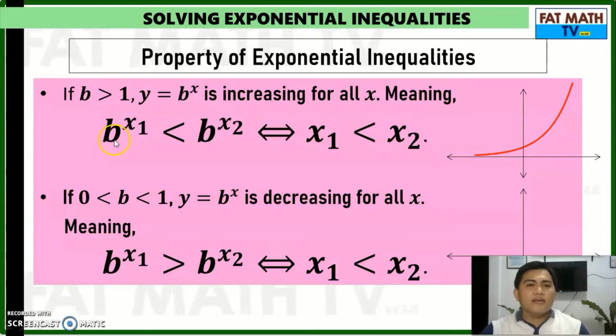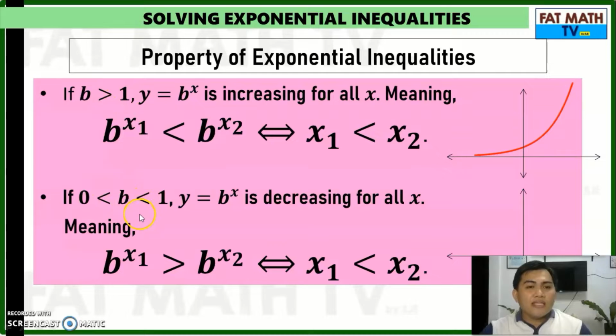So if you're solving an inequality with the same base, you just remove the base and the exponents will be left. If it's less than, it's still less than, and if it's greater than, it's still greater than, when b is greater than 1.